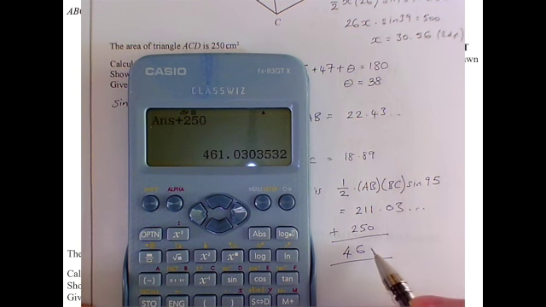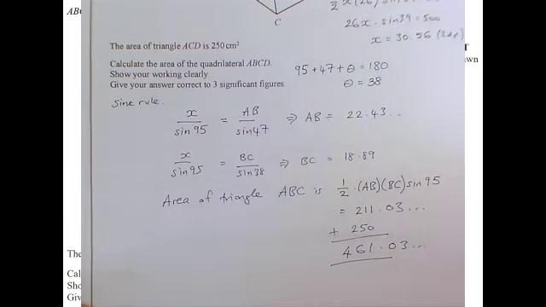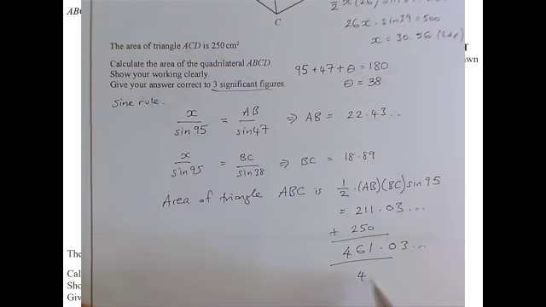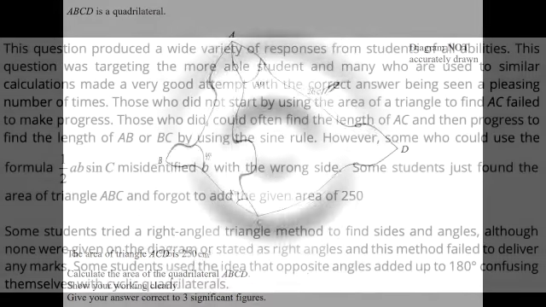I could stop there because I think the question told me 3 sig figs, but just check. There we go. Correct to 3 significant figures. Yes, so I'm going to write down the answer as 461 centimeters squared is the area of the quadrilateral. Okay, so there we have it.